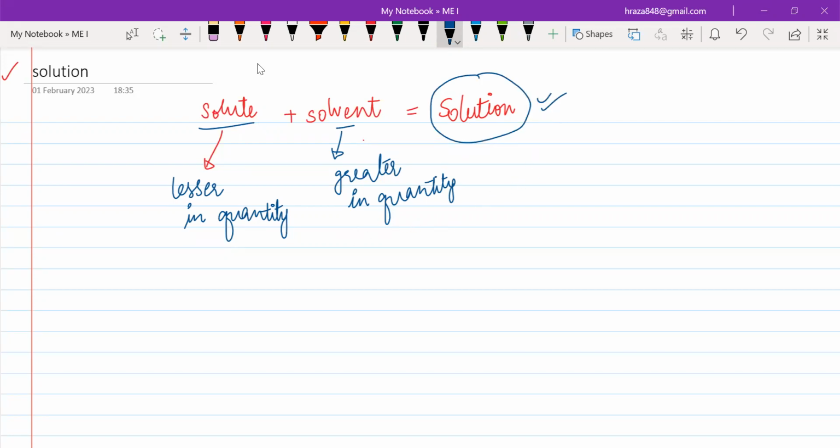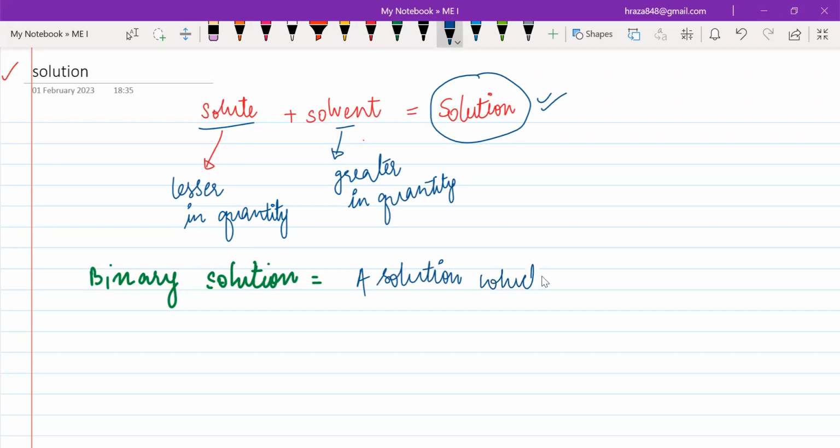Now the problem is, in our syllabus, we only need to study about binary solution. Binary solution means a solution which contains two particles.